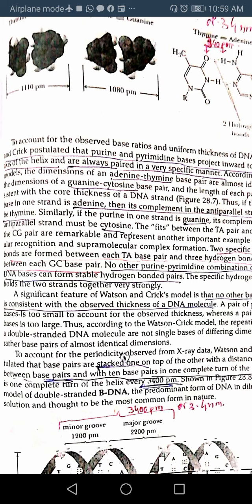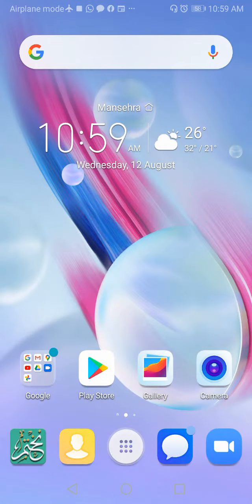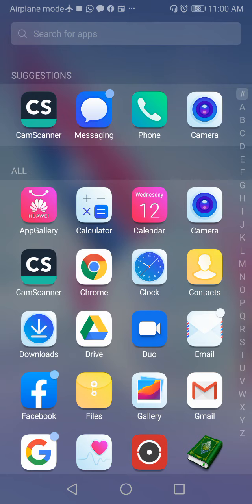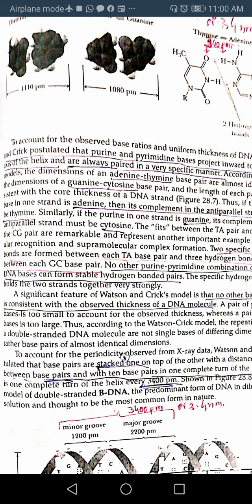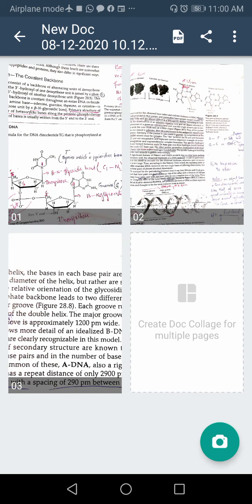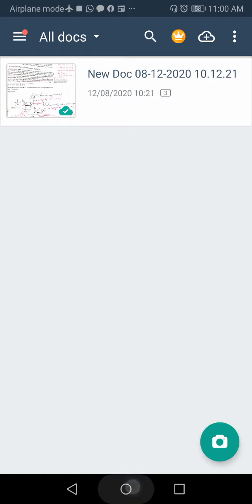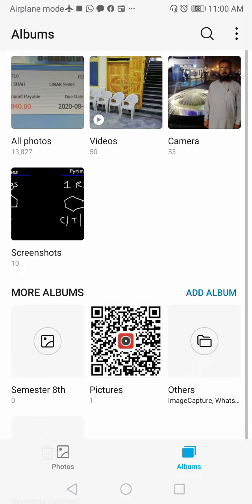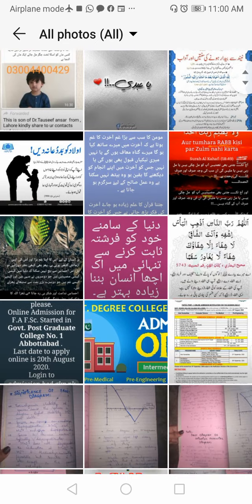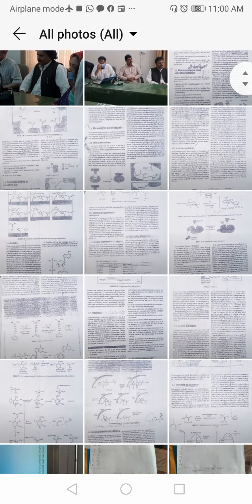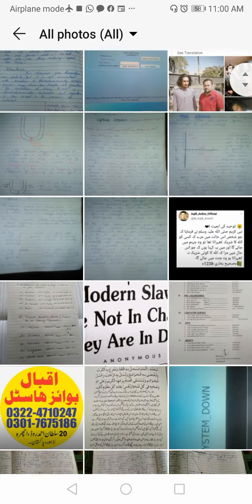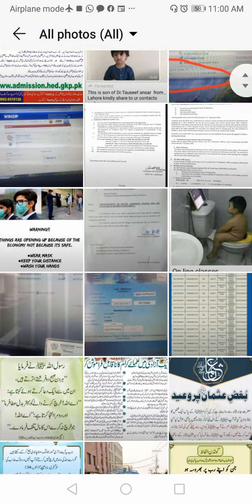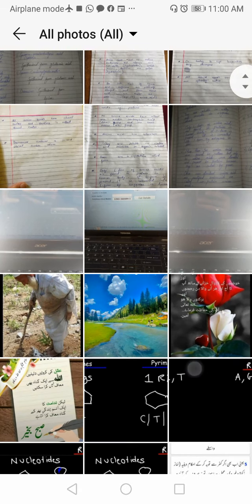Now, keep it in your mind that the two strands of DNA are antiparallel to one another.